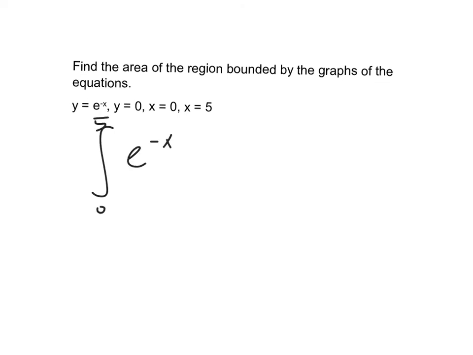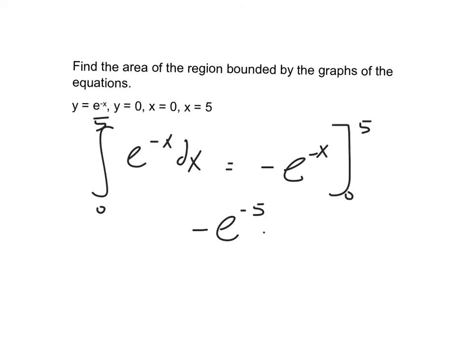E to the negative x dx. Okay, so integrate that. You end up with negative e to the negative x, which is the same thing as the derivative of it, which is kind of cool.